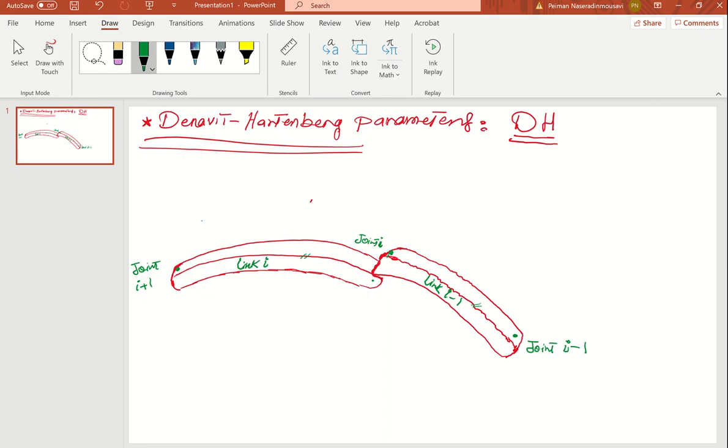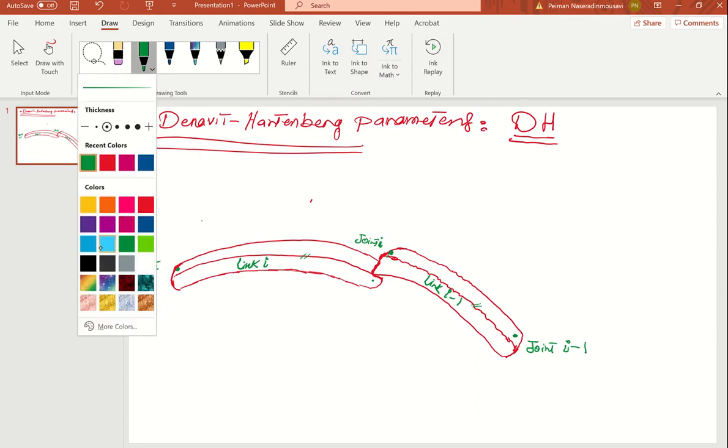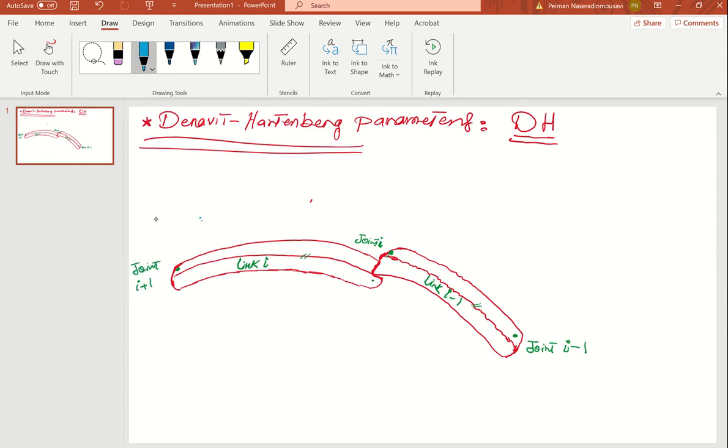Okay, then this is the joint axis. So here we go. This is axis Zi, and this is axis Zi minus 1, that's right.